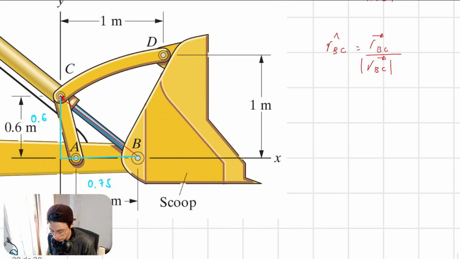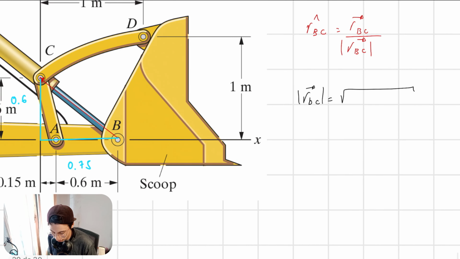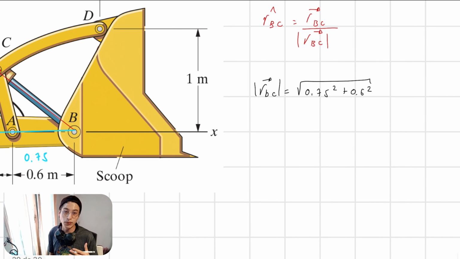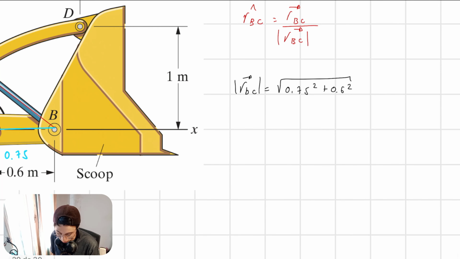Now, the magnitude of the vector RBC is going to be equal to the square root of 0.75 squared plus 0.6 squared. All we have to apply right here is Pythagoras, I think that it's called in English.